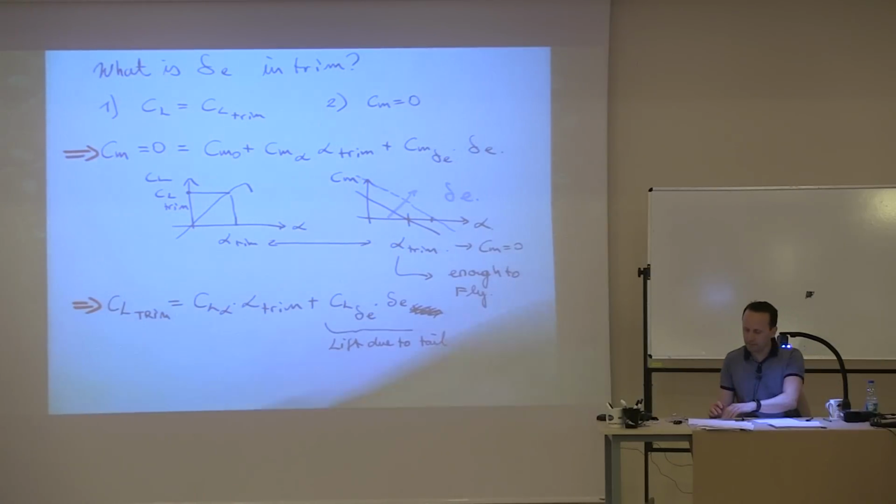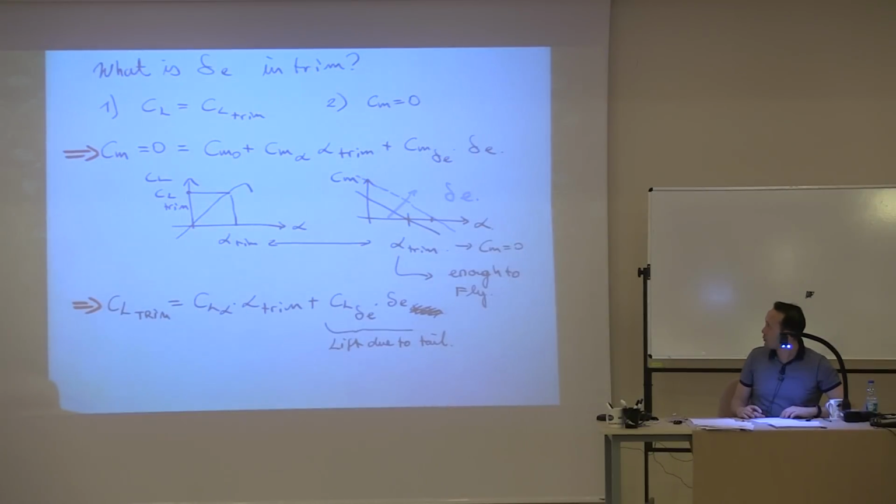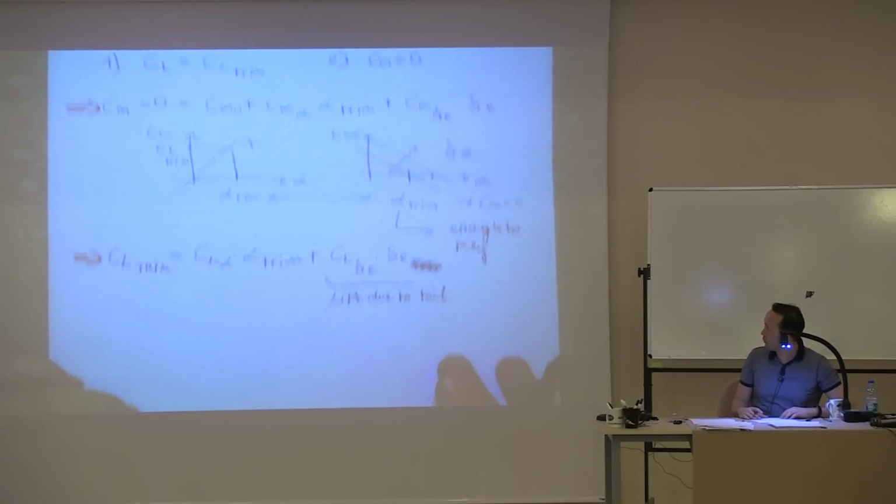CM0, CL trim. So you write these two equations in matrix form.